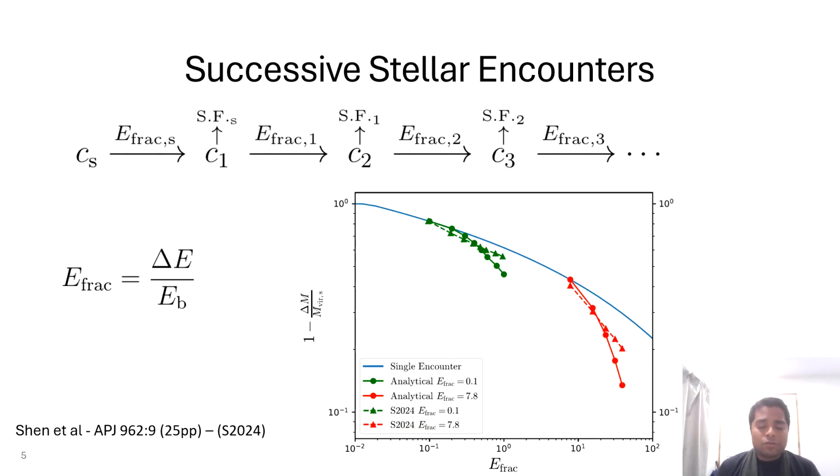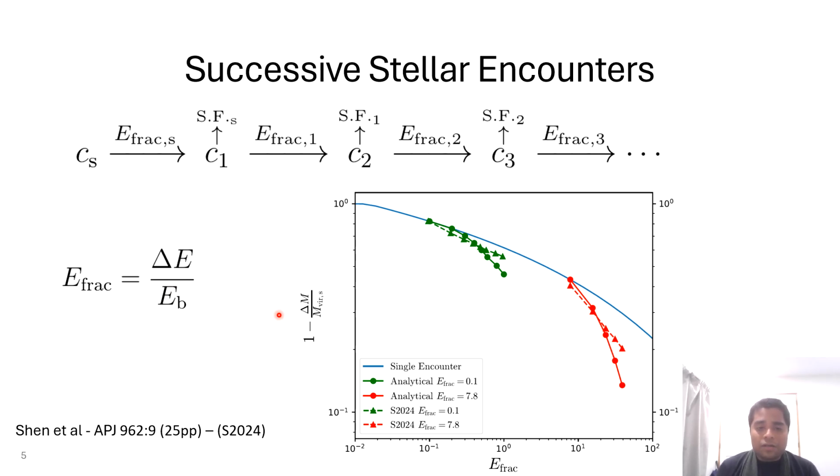Now, we wanted to ask the question, if a minihalo undergoes successive stellar encounters with enough time for gravitational relaxation in between encounters, how does the mass loss look? So we characterize each stellar encounter with a single parameter called the energy injection parameter E sub frac, which is defined as the ratio of the total energy injected into the minihalo to the binding energy of the minihalo.